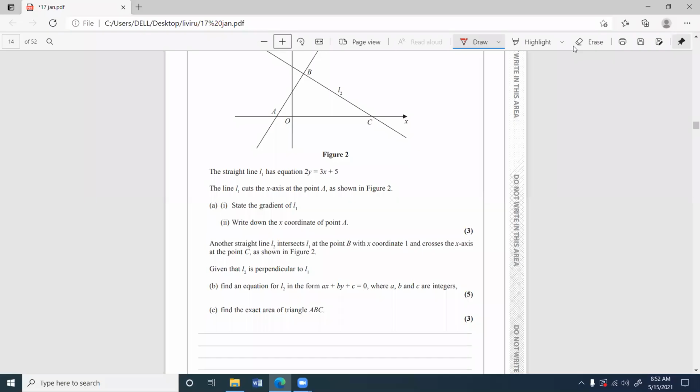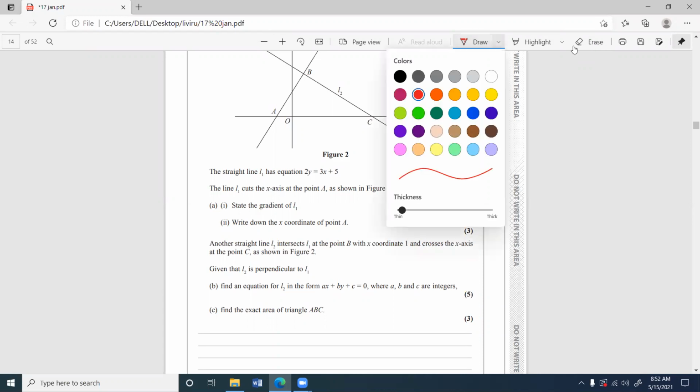Okay, over here the straight line L1 has an equation 2y plus 3x plus 5. In this case, if you want to find the gradient of the straight line, we should write the information in the form of y equals mx plus c.